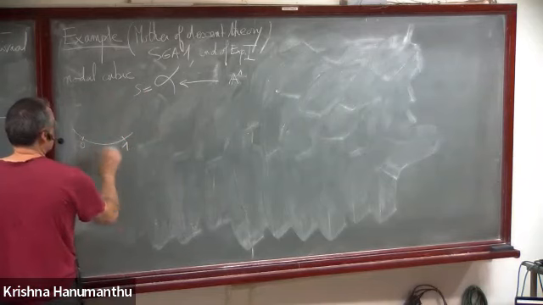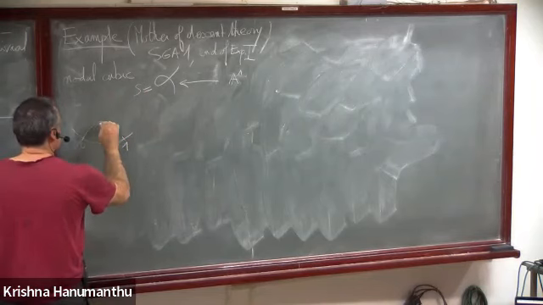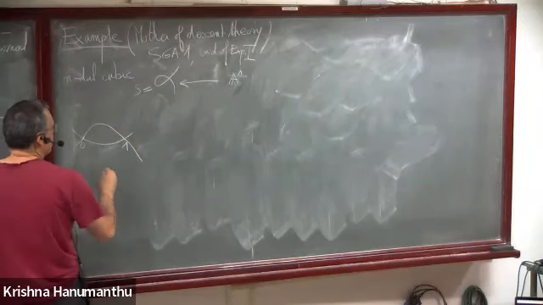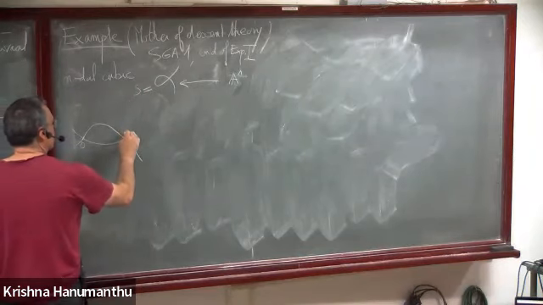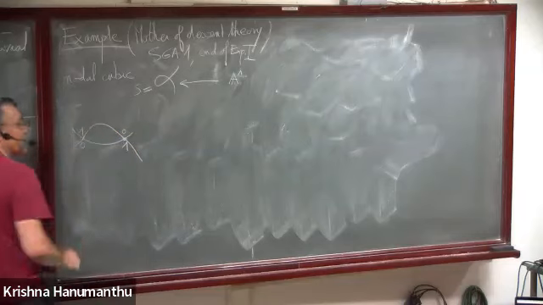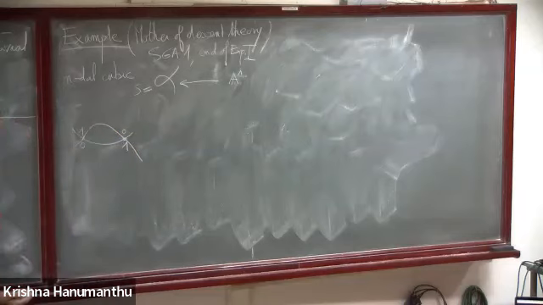So this is 0 and 1, and we glue it with another copy of A1, but now this point here is the 0 of the other copy. It is the 1 of the other copy.